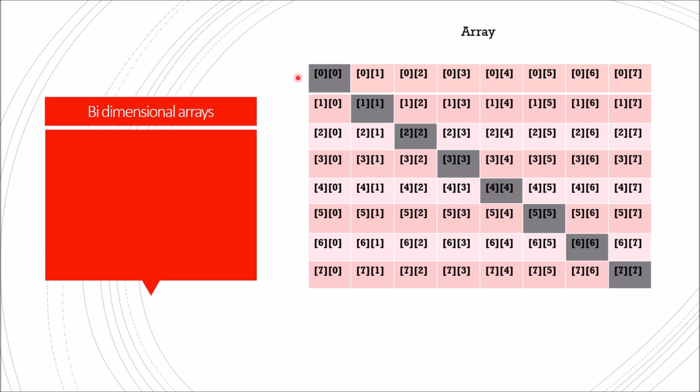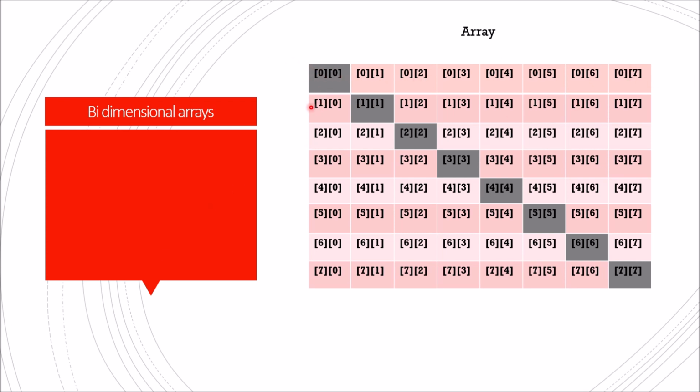And we have now, since it is bidimensional, two indexes. So the first one here is for rows, okay? I mean, this is the first row, which starts from 0.